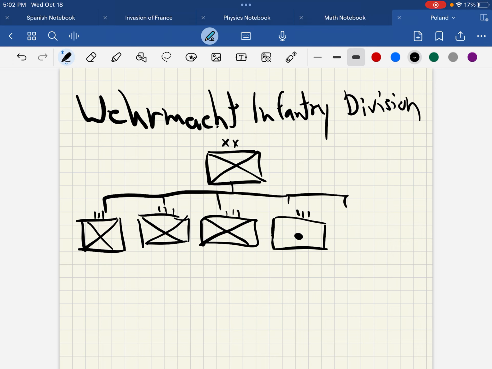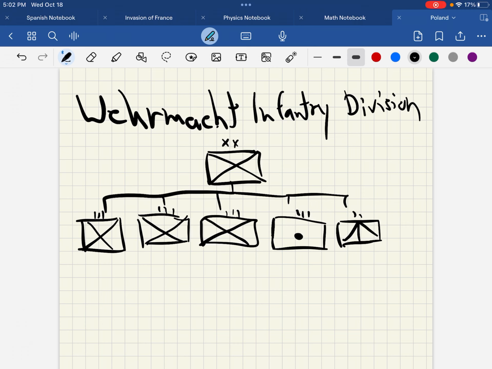Now there were some other support units that were used in infantry divisions as well. This included an anti-tank battalion, which I think you draw like this usually.